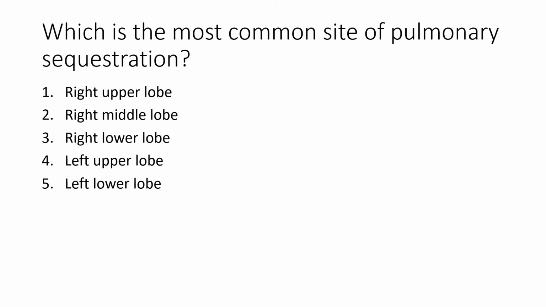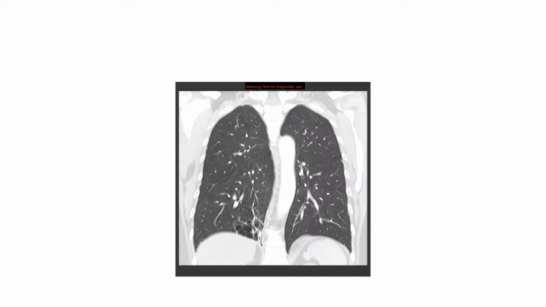Okay. What is the most common site of pulmonary sequestration? Right upper lobe, middle lobe, right lower lobe, left upper lobe, left lower lobe. So the most common site of pulmonary sequestration is left lower lobe. What is sequestration again?